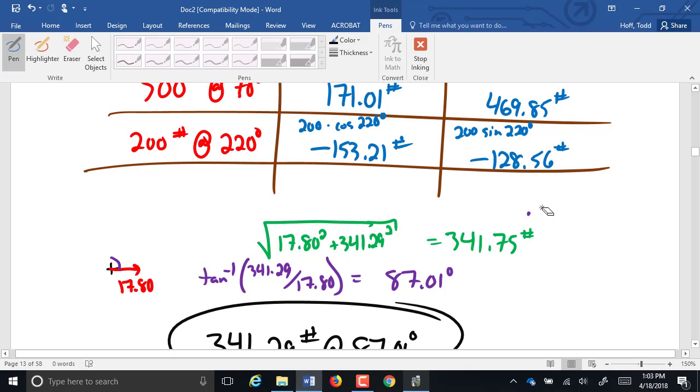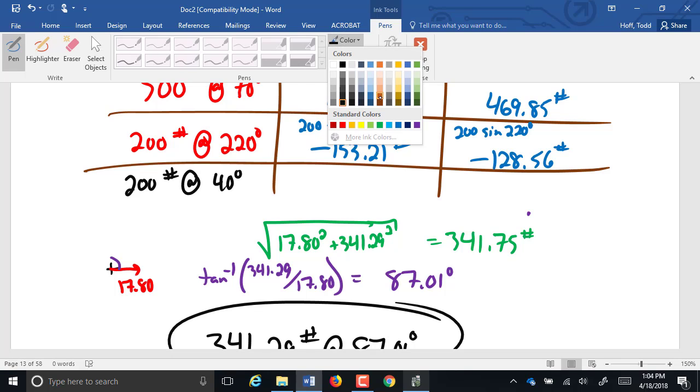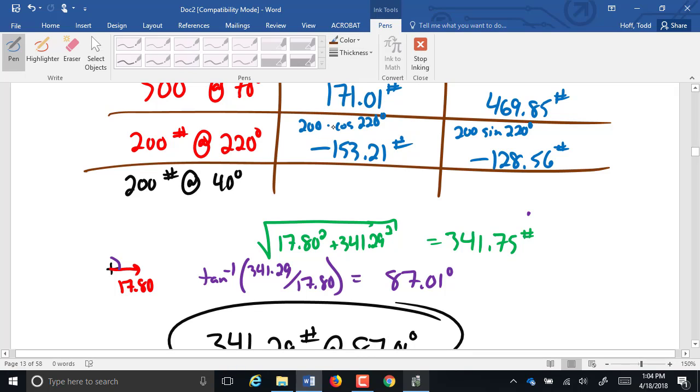Now I want to go up here and do a little experiment. That original vector before we found its inverse was 200 pounds at 40 degrees, right? What would its horizontal component be? 200 times the cosine of 40.